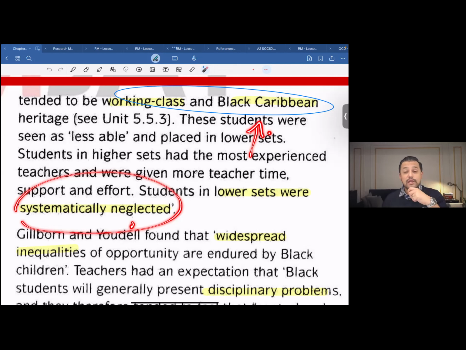According to Gilborn and Youdell again, individuals from Afro-Caribbean origin are found mostly in the lower sets. If students of a particular ethnic minority or social group are disproportionately put into the lower sets, that eventually means these kids would not be doing well.